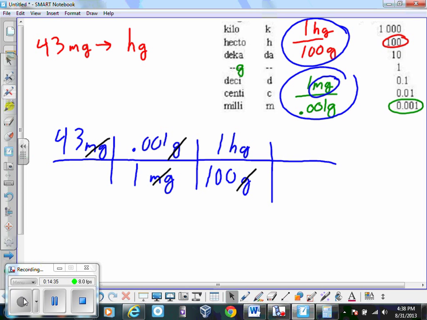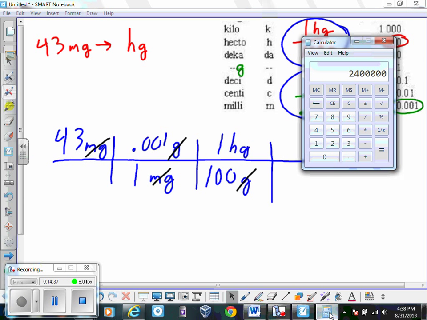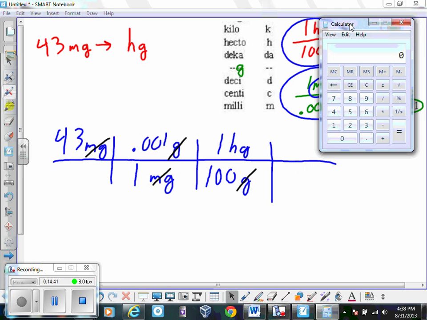And now I can just go ahead and do the math, okay? So I'm going to clear my last answer, and I'm going to say 43 times, since the number's on top, 0.001, and remember to push equals every time.